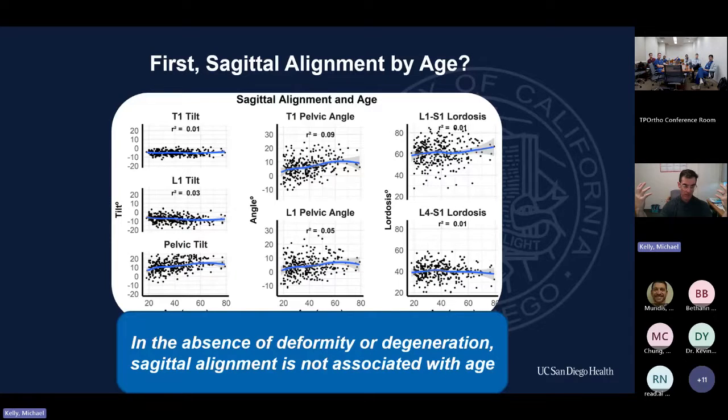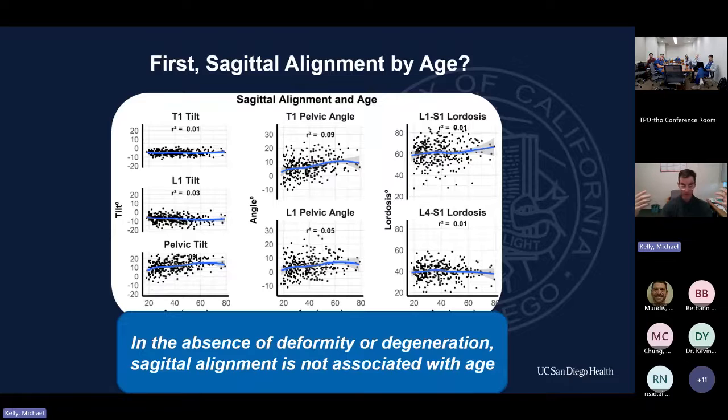Nonsensical categories. It's irrelevant. It's a silly debate. Loss of height and loss of segmental alignment is deformity, albeit mild, just like ASD versus PJK. So in the absence of deformity or degeneration, age and alignment are totally independent of one another.